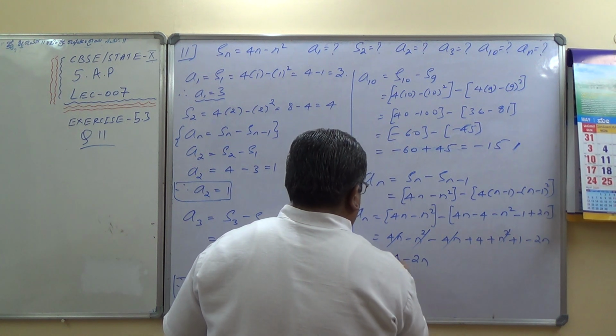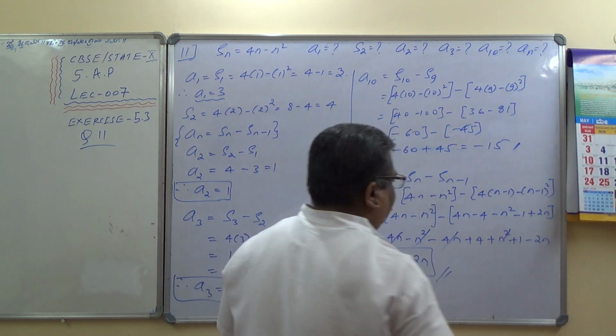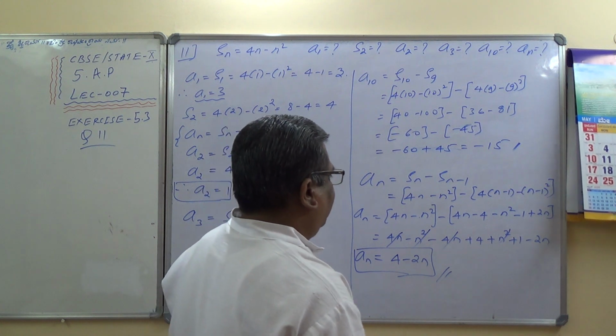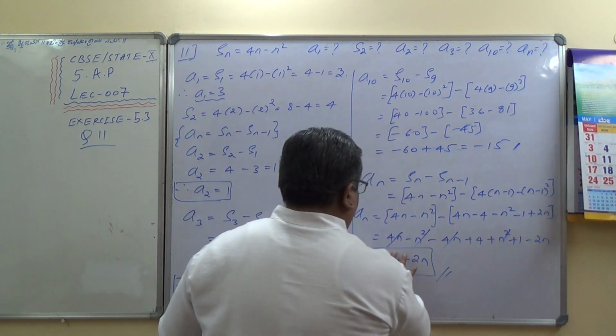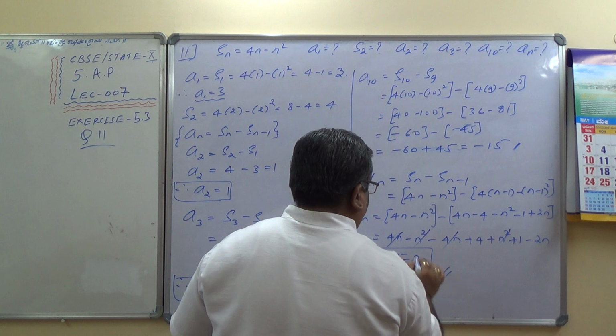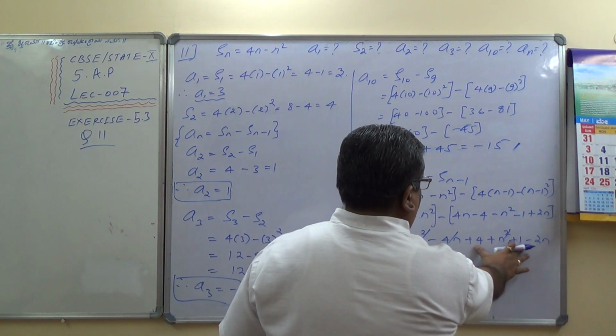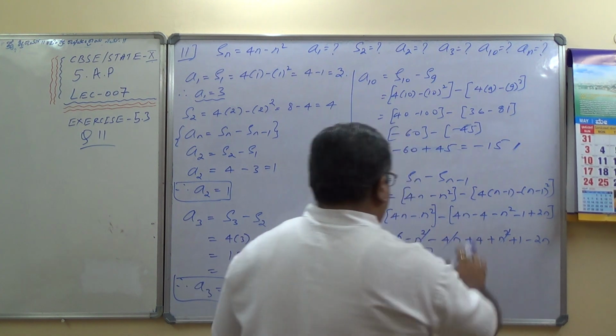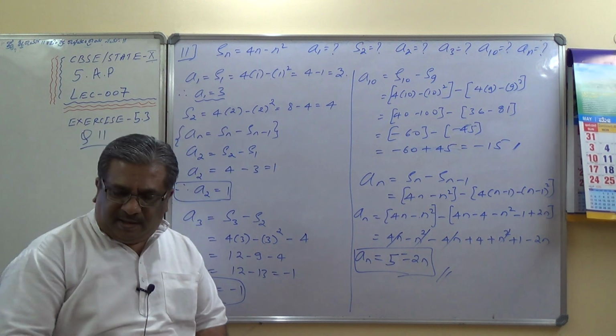An equals 4 minus 2n is what? 4 plus 1, 5 minus 2n. This should be your answer.